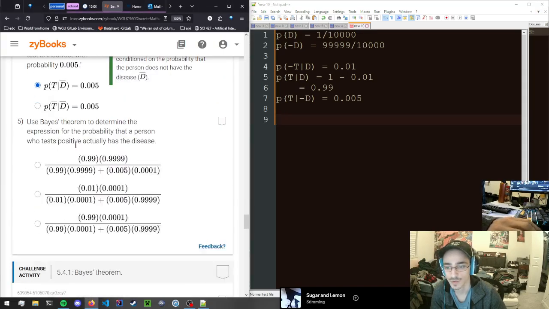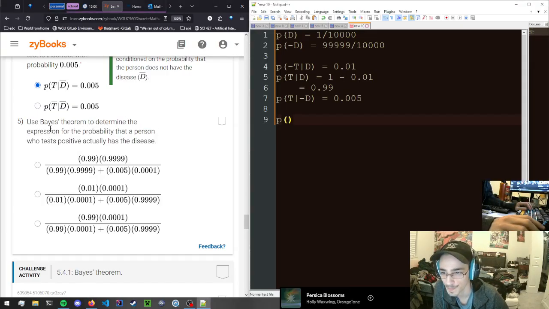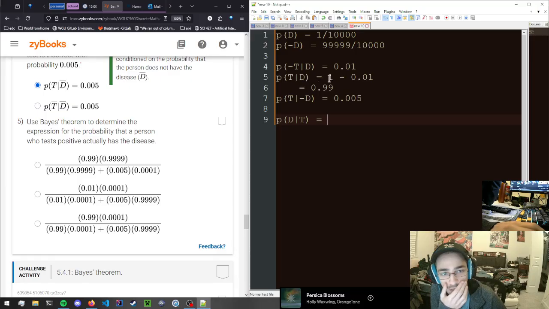This one, because I wrote that down. So they want to know, what is the chance they have a disease given they tested positive? And so that's going to be 0.99 times this number, plus this times this.